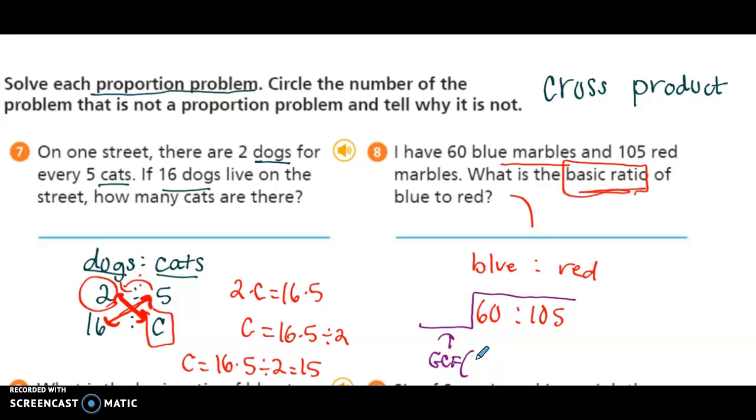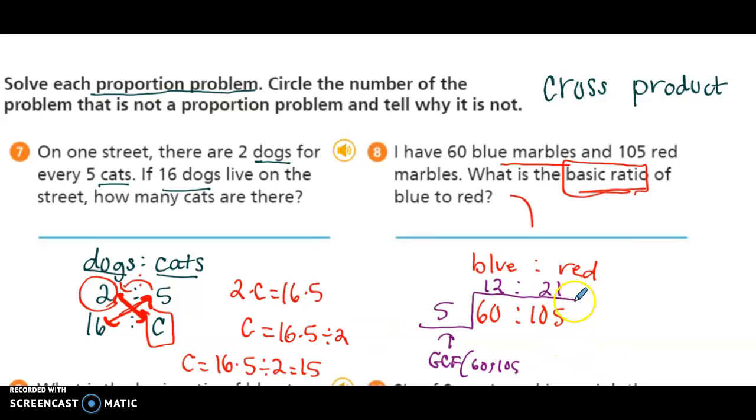Now, I remembered one of my rules is that if it ends in 0 and or 5, it's divisible by 5. And look at that, 5 and 0. So I know that I'm going to give this one a try. And grab my calculator and divide 60 by 5, which is 12, and 105 divided by 5, which is 21. Uh-oh.